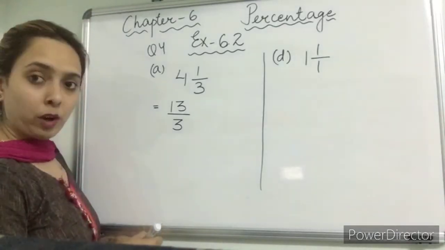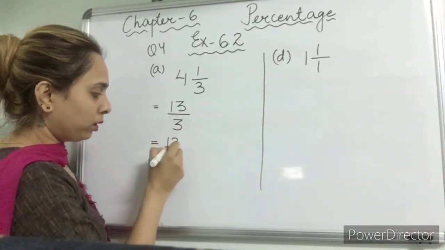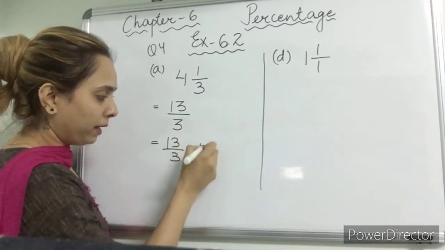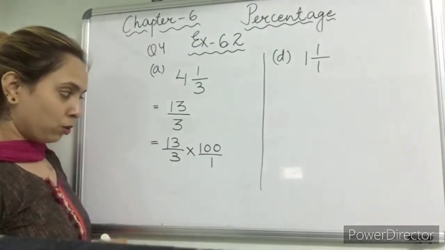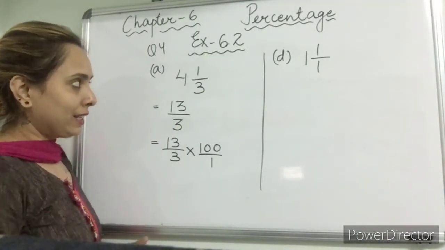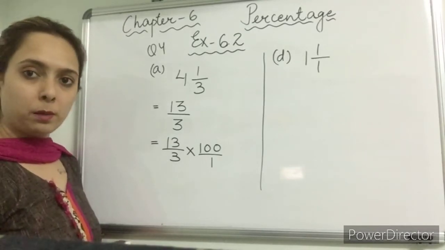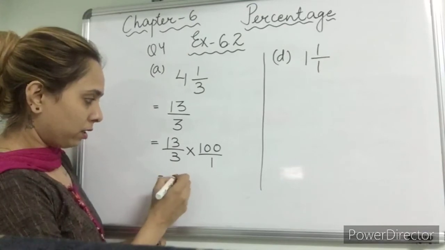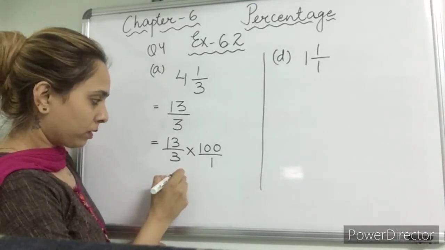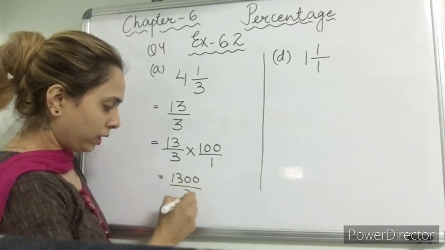So here what will we do? 13 upon 3 will be multiplied by 100. Okay students, so now you all can see that we cannot cancel anything, so your answer will be 1300 upon 3.